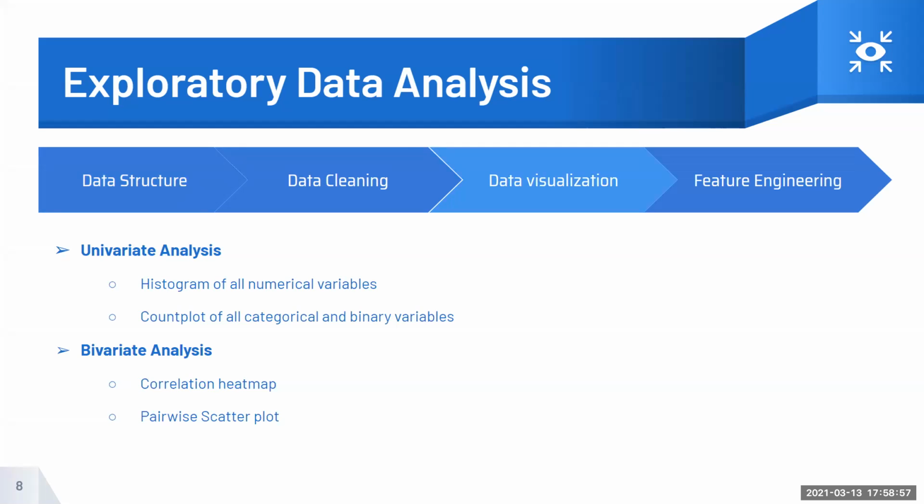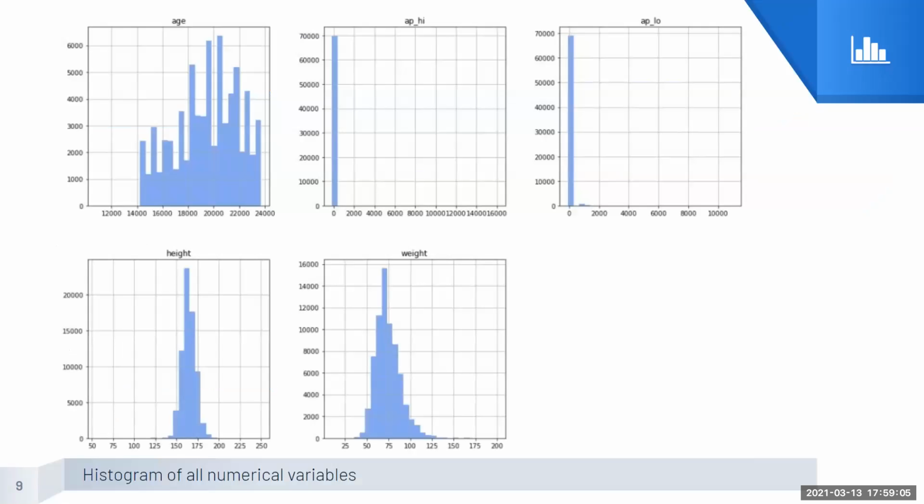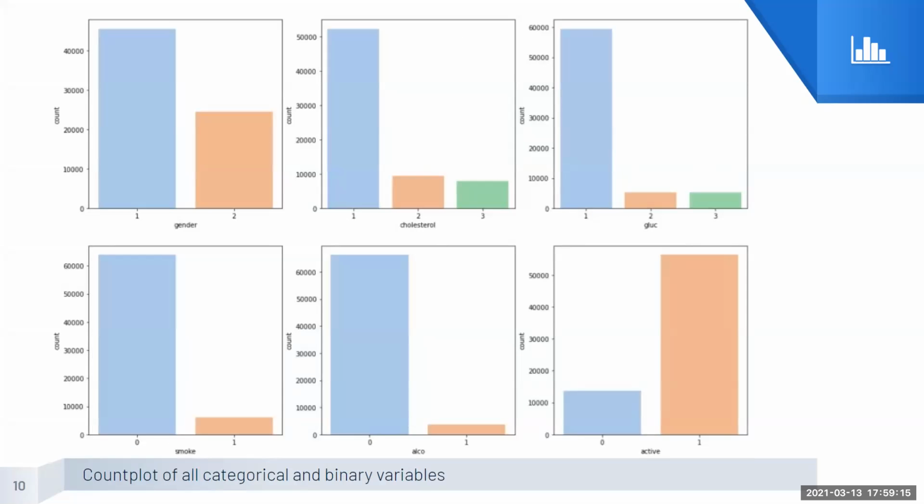We conducted 2 univariate analyses and 2 bivariate analyses via data visualization. For univariate analyses, we looked at the histogram of all the numerical variables and a count plot of all the categorical and binary variables.